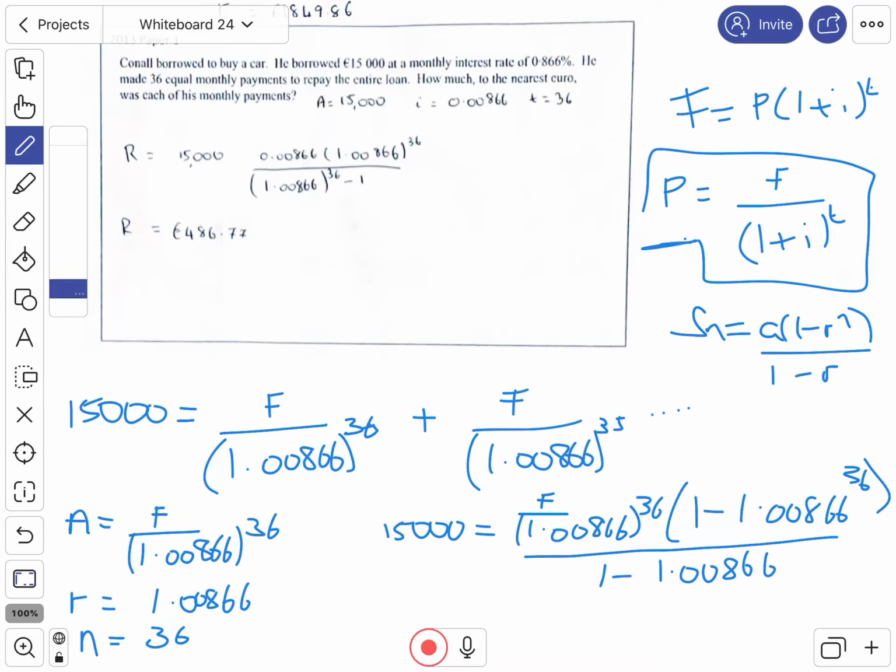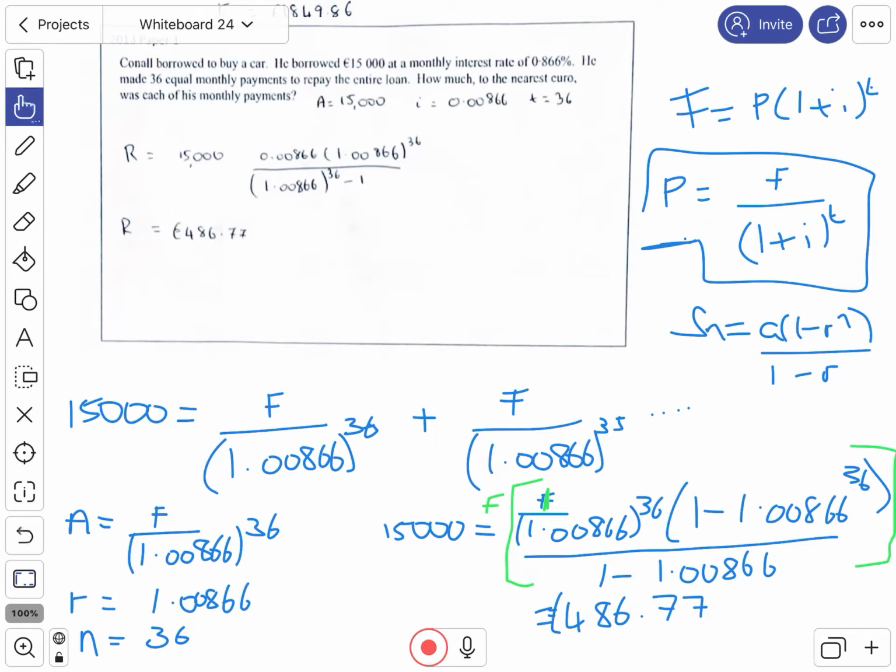Again, what I'm doing here then to sub into the calculator, changing this to be a 1, taking out my F as common. All of this goes into the calculator, and I end up then dividing my 15,000 by that answer, and I still get the 486.77 euro. Okay, so either way you should be getting that answer.